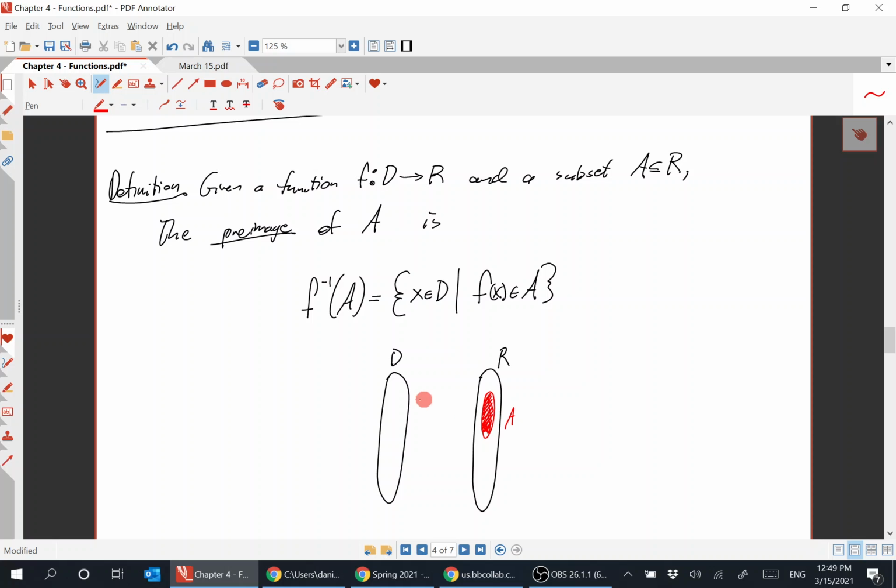Then the pre-image of A is everything in the domain that does go into A. Anything in the domain that's not in the pre-image does not go to A.